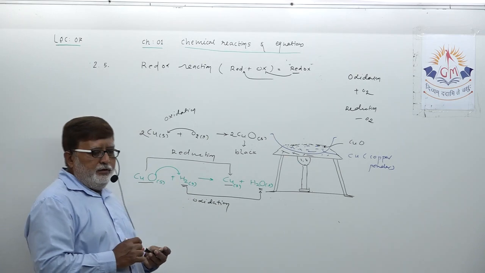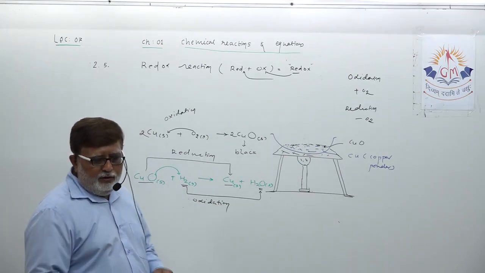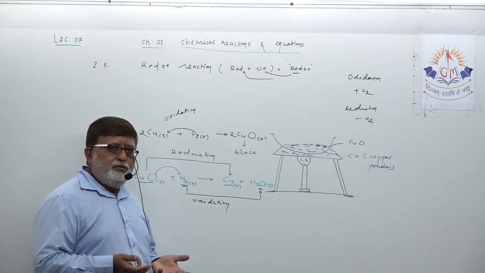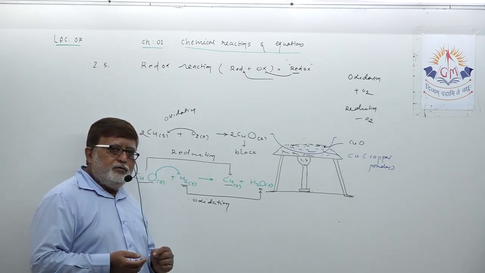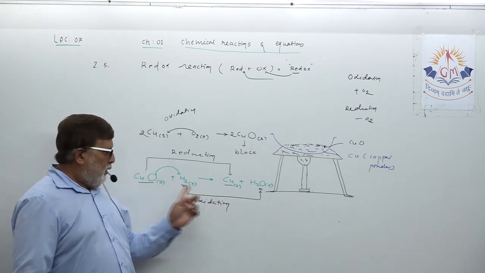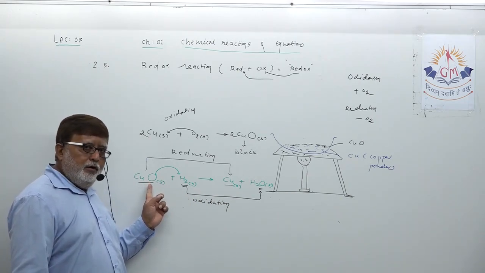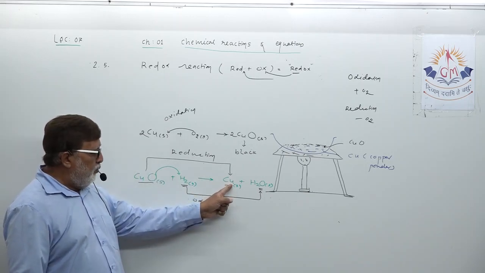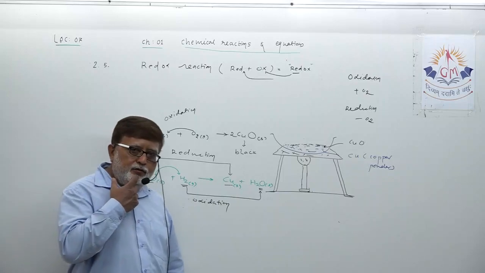Both reactions, oxidation and reduction, are taking place simultaneously here, so you can call it a redox reaction. Which substance is getting oxidized here? Hydrogen. Which substance is getting reduced here? Copper. Understand? Copper oxide is getting reduced to copper, and hydrogen is getting oxidized to hydrogen oxide.